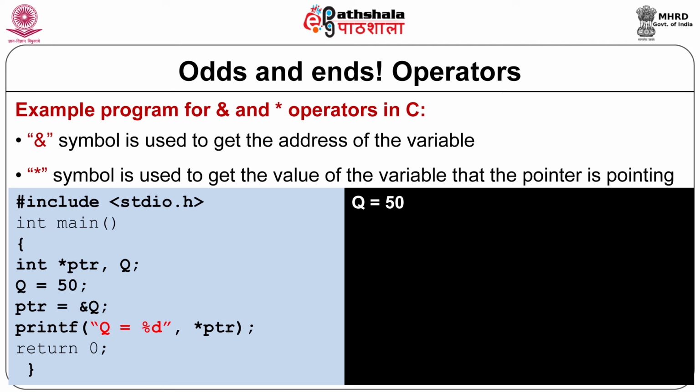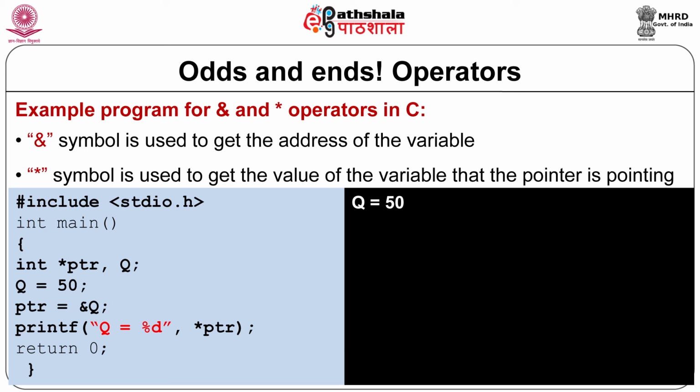Now, here is a simple example on the odds and ends operators, that is, special operators. You can see in this program we are using the ampersand and star symbols for discriminating pointers and addresses. Integer star pointer comma q, here q is 50, and we are considering pointer equal to ampersand q and we are printing star pointer.